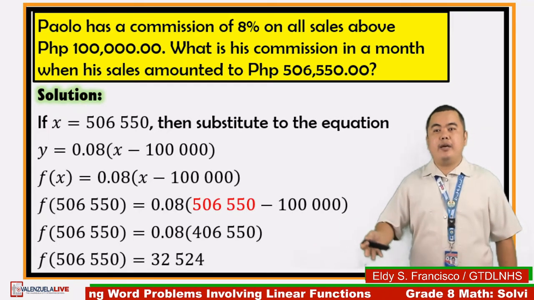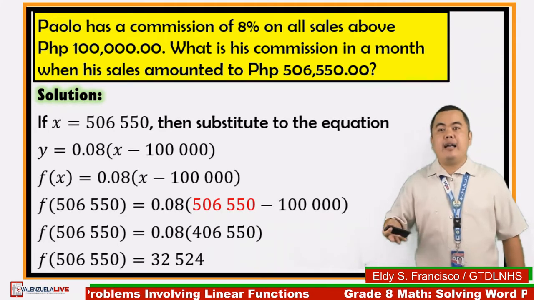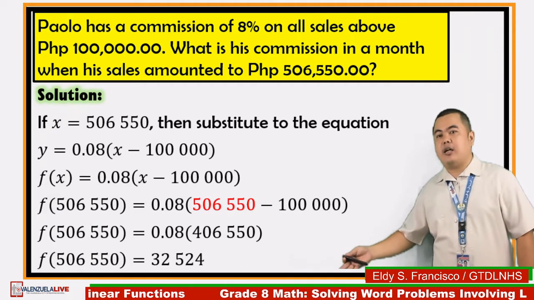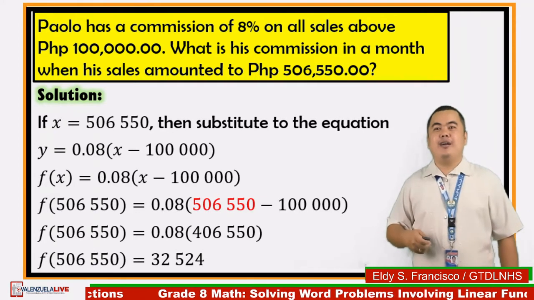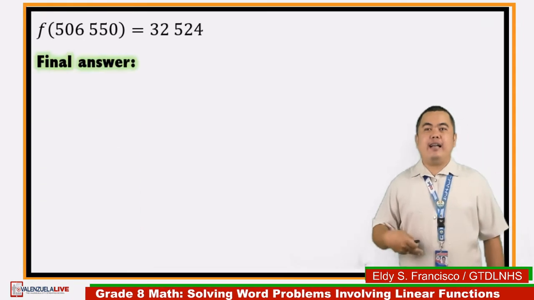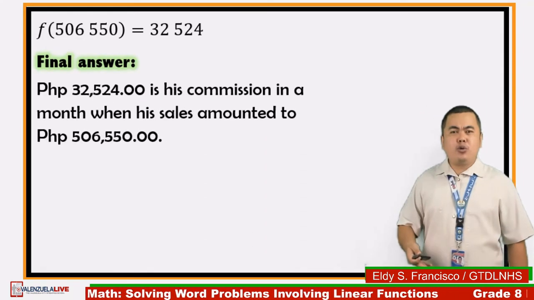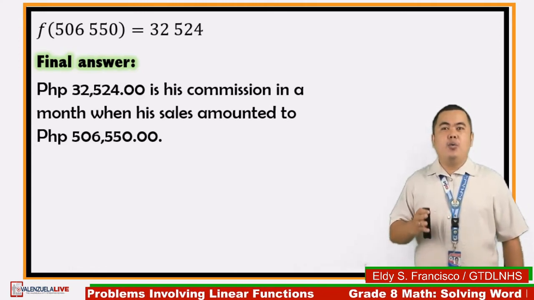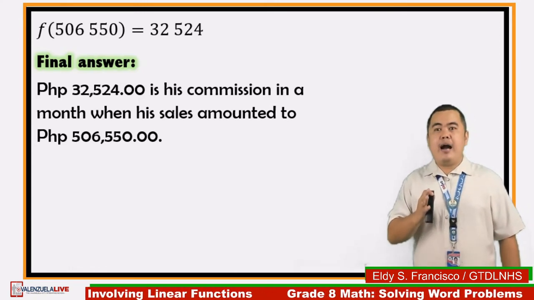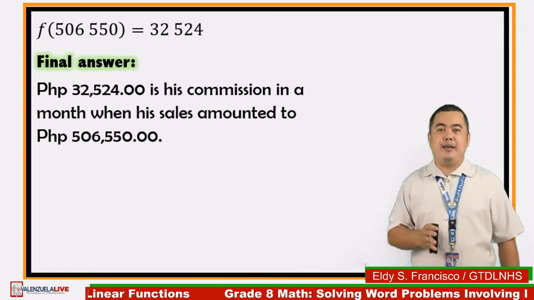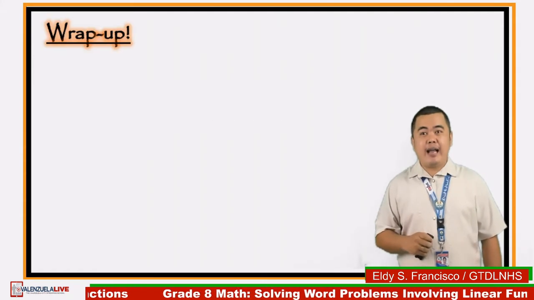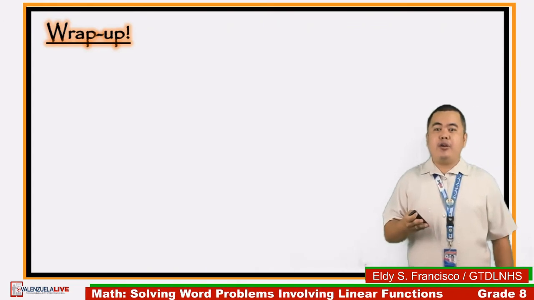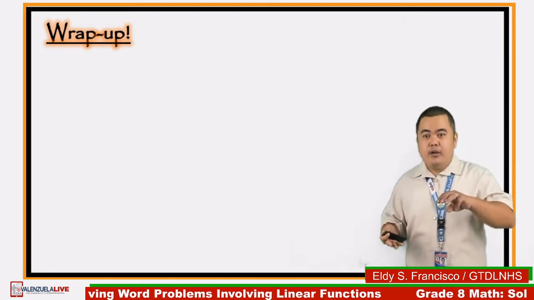And we will come up with f of 506,550 equals 32,524. So, our final answer is 32,524 is his commission in a month when his sales amounted to 506,550 pesos.